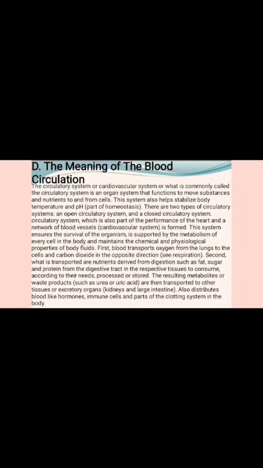Bagian D ada the meaning of the blood circulation. The circulation system or cardiovascular system, commonly called the circulation system, is an organ system that functions to move substances and nutrients to and from cells.